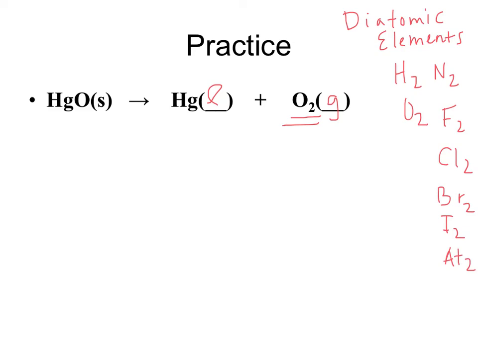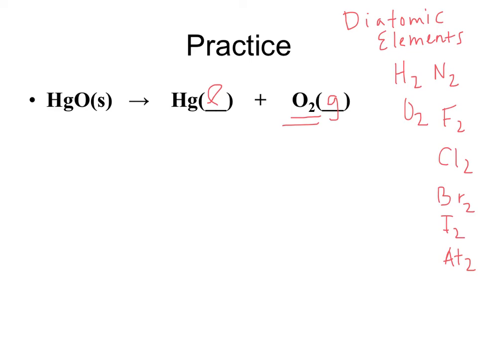Those all form diatomic elements. So if you put it into a formula, you should never put them in by themselves. You should always put them in these pairs, okay? When they are in their elemental form. When oxygen bonds with other things, like with the mercury, they can bond singly. It's just when it's by itself, it's always going to form a pair of 2 O's instead of just one, okay?